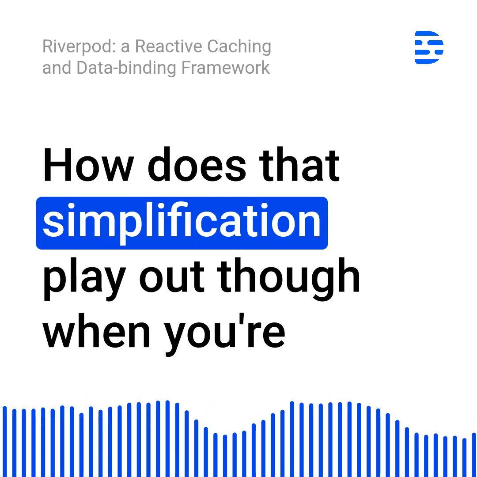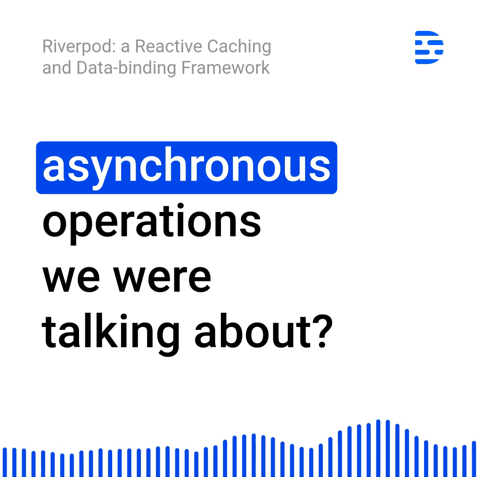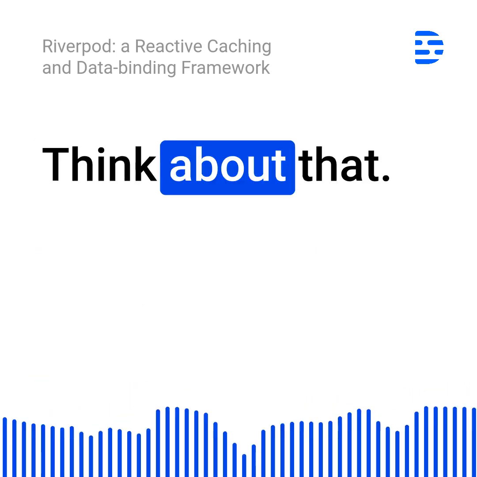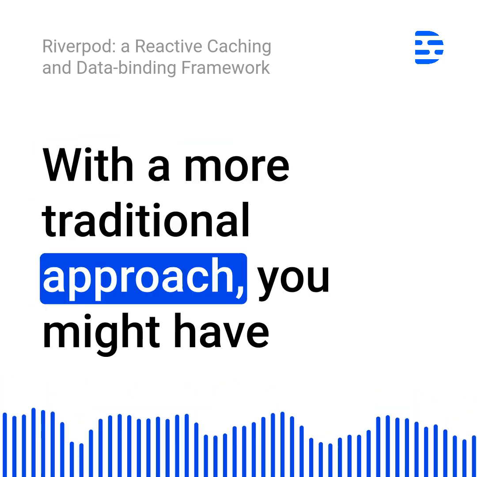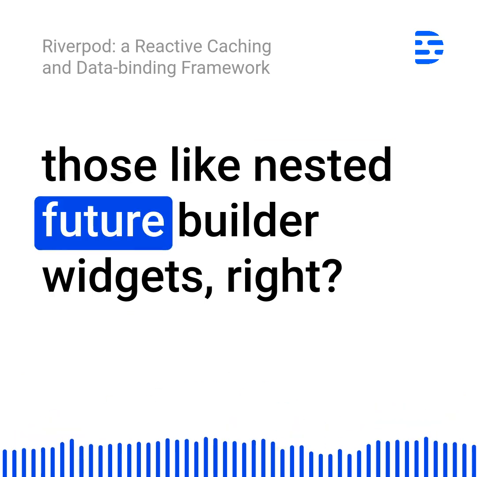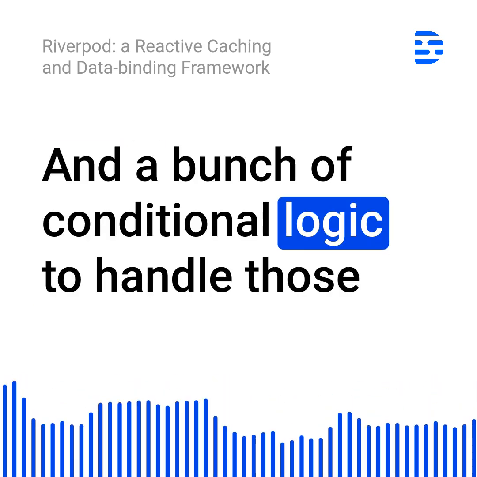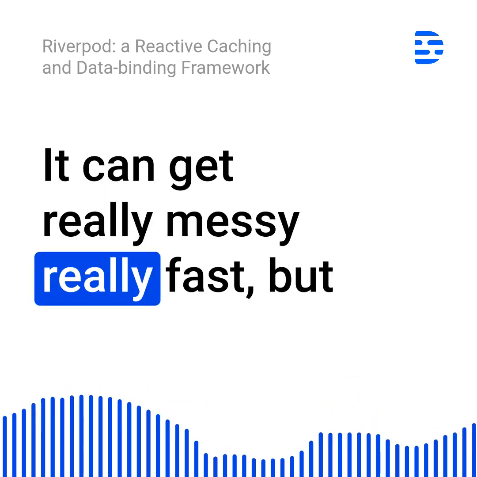How does that simplification play out, though, when you're dealing with something more complex, like those asynchronous operations we were talking about? Yeah, that's where Riverpod really shines. Think about that board API example, right? With a more traditional approach, you might have those nested FutureBuilder widgets. Right. And a bunch of conditional logic to handle those loading states and errors. It can get really messy really fast.